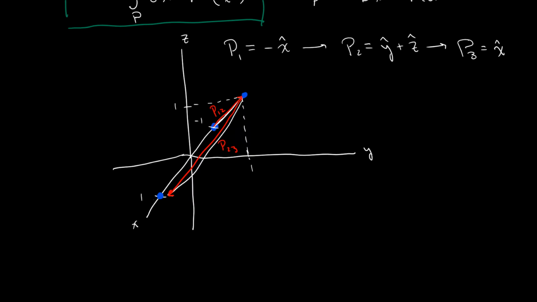Okay, so then I can write the work as being the work 1, 2 plus work 2, 3. So the work done along P12 plus the work done along P23.